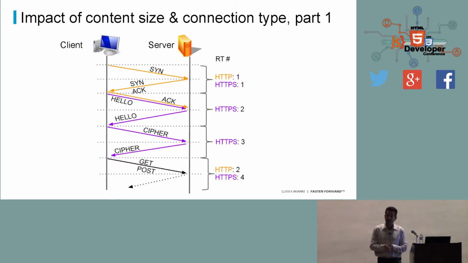If it's a secure connection over HTTPS, you have two more round trips here in purple, where they say hello and exchange information about the cipher, basically how they're going to encode the information. And it's not till the bottom here that you actually trigger the GET or the POST, where you send your HTTP request to the origin. I tried to color code to make it fairly simple.